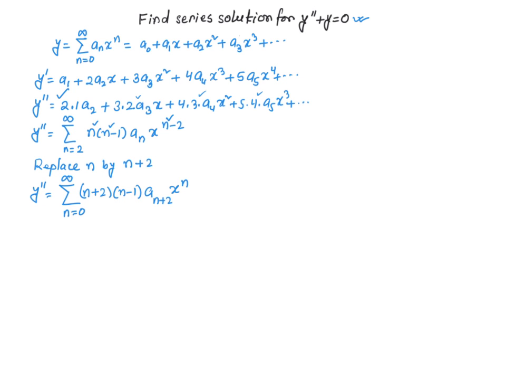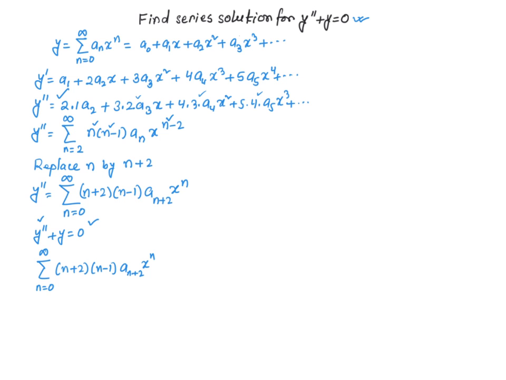Now that's my y double prime. My equation says y double prime plus y is equal to 0, right? So I could just plug in the y double prime and y into this equation. That's going to give me the summation from n equals 0 to infinity of n plus 2 times n plus 1 a sub n plus 2 x to the power n.